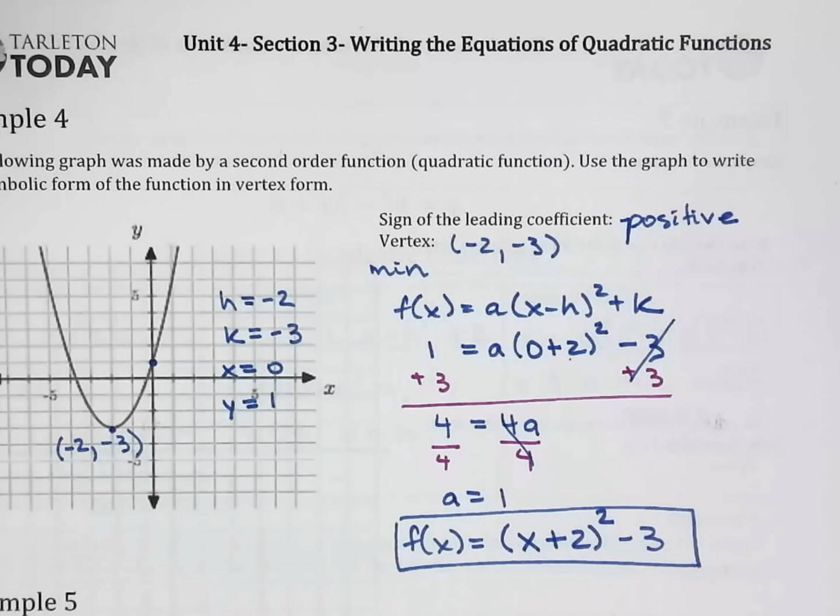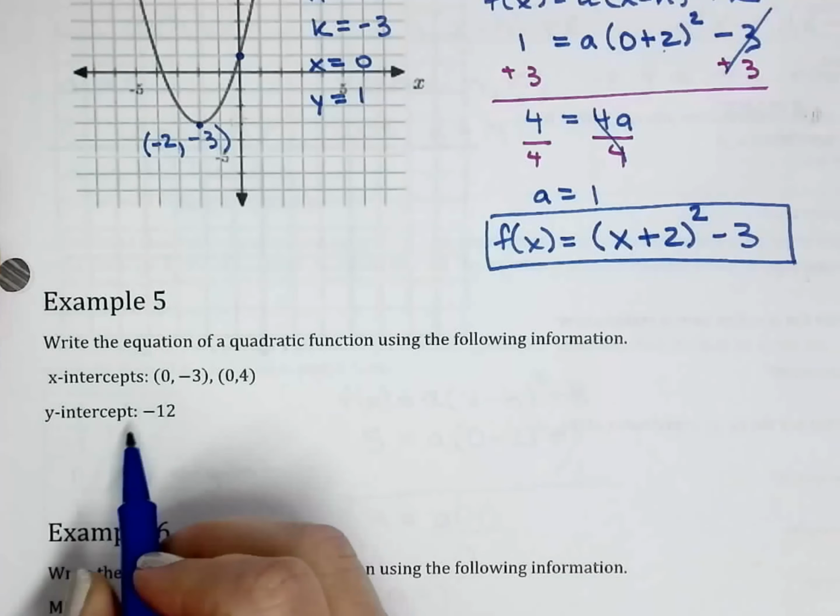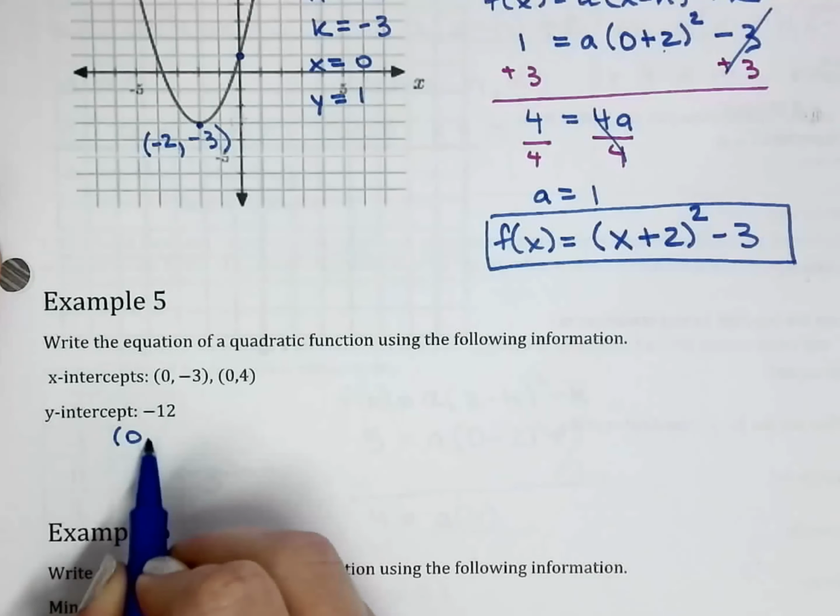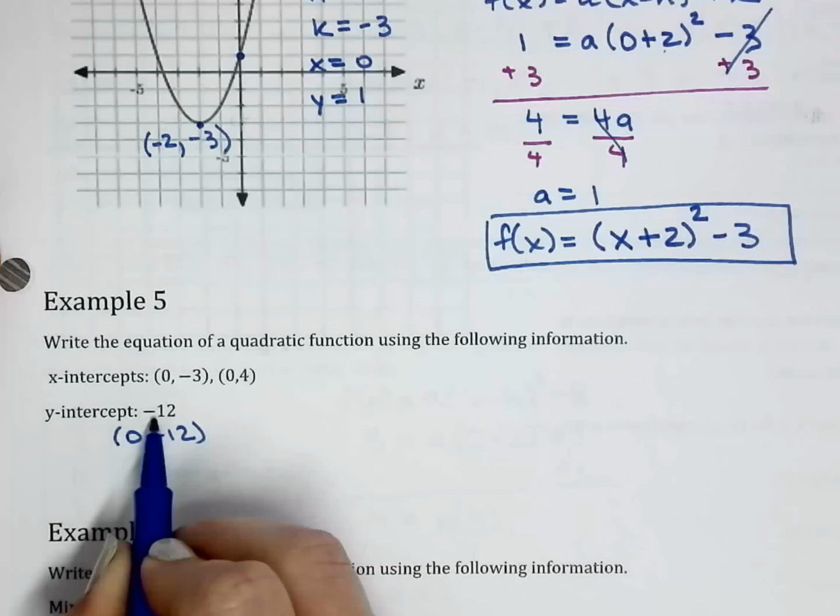So off we go. We have x-intercept and y-intercepts. So we know that the y-intercept is (0, -12), even though they only gave us that the y-intercept is -12, but we know the coordinates will be (0, -12). We don't have h.